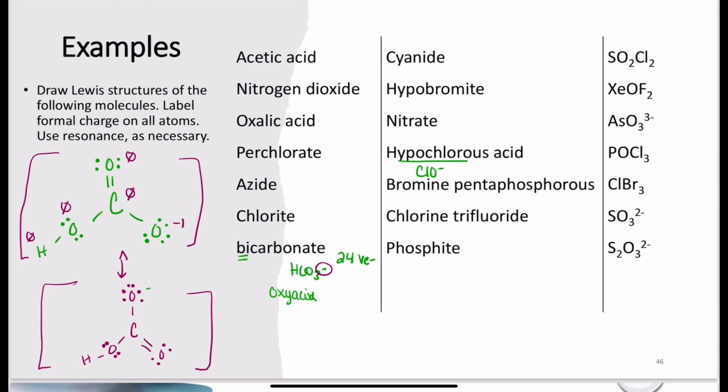So this would have a -1 formal charge, 0, 0, 0, and 0. And again, the resonance structures are equivalent. Neither one contributes more than the other.